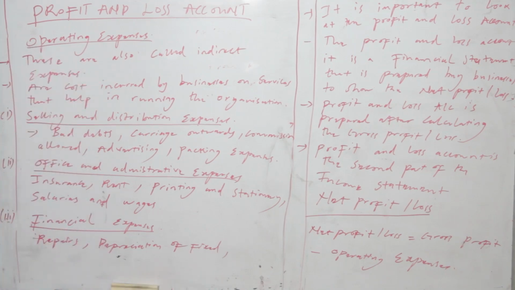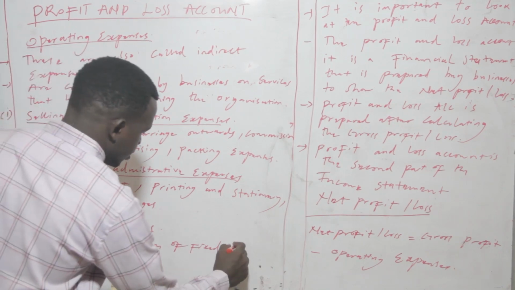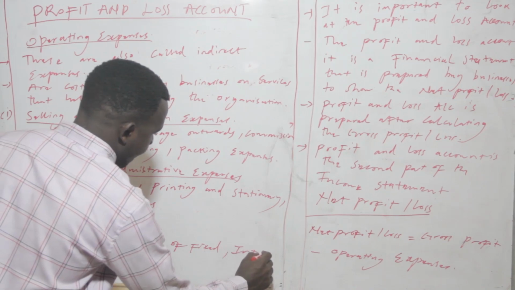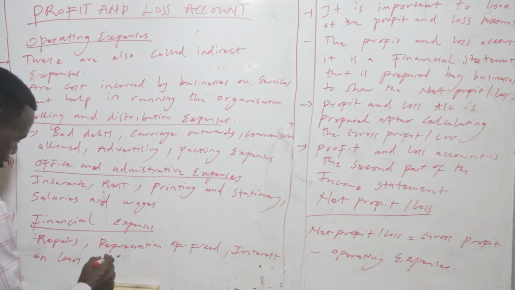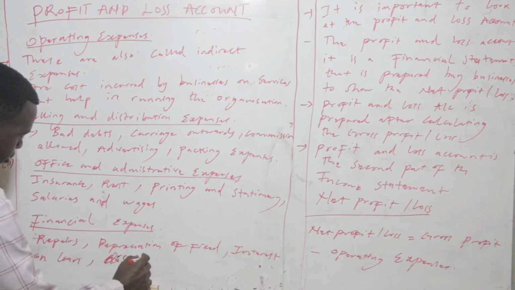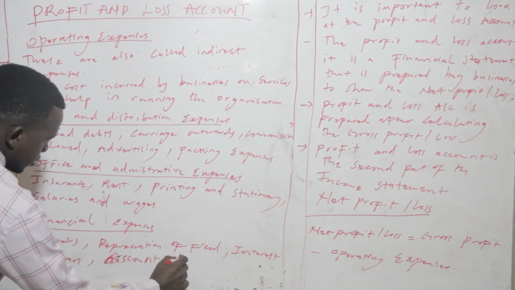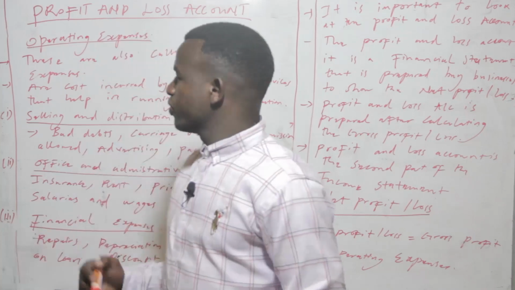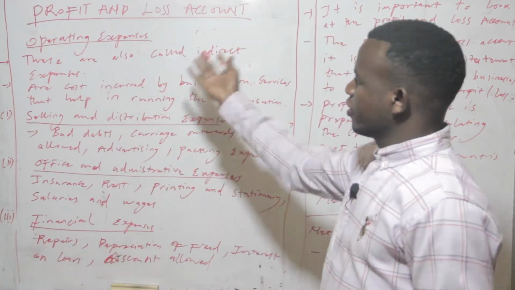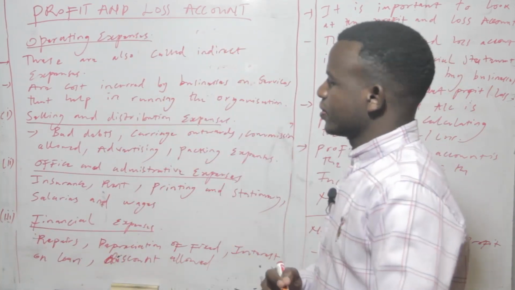Then we're also looking at interest on loan. We are also looking at discount allowed. So these are some of the examples of operating expenses.